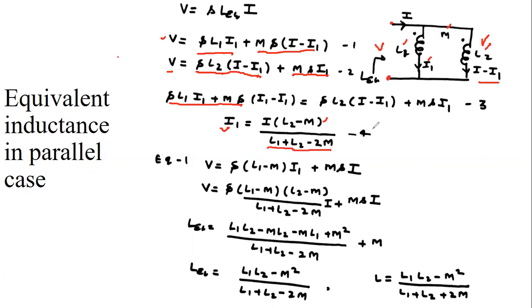Now put this value of I1 into equation number 1, because the voltage is equal to L dI by dt, so we have to remove the variable I1.